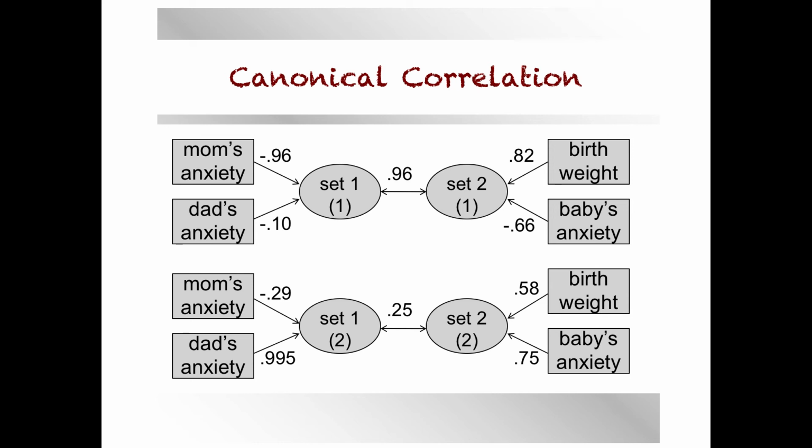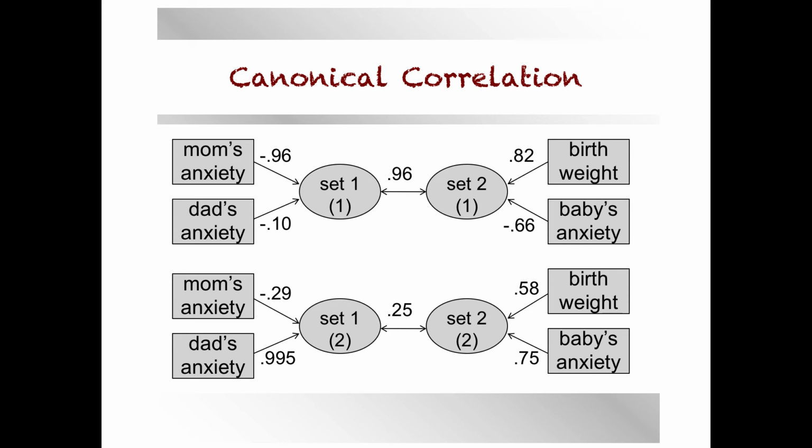The second one is a weaker correlation, 0.25. When you look at parents' anxiety, it's primarily represented by dad, 0.995. Mom's is actually negative there, so mom's anxiety is actually taking away from it a little bit. Baby's health is represented by a higher birth weight and a higher anxiety. Those are positive values on the right side.